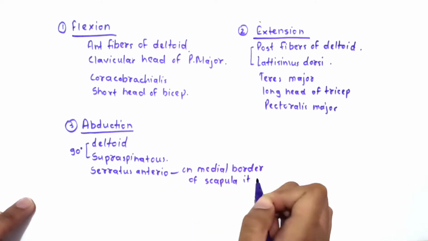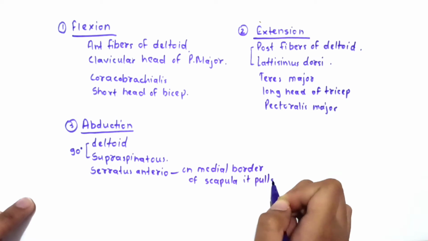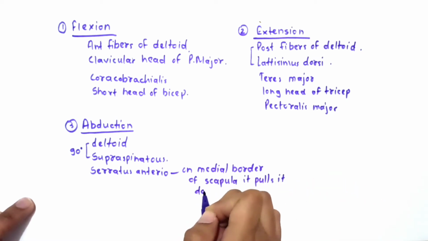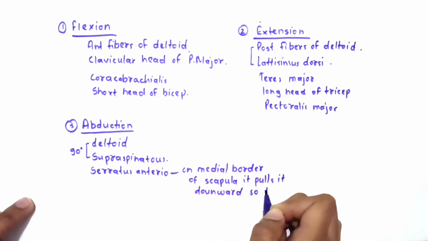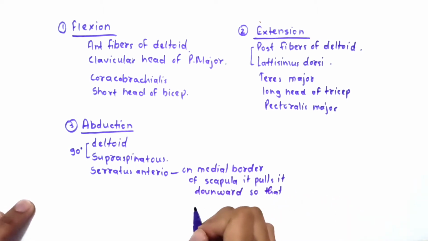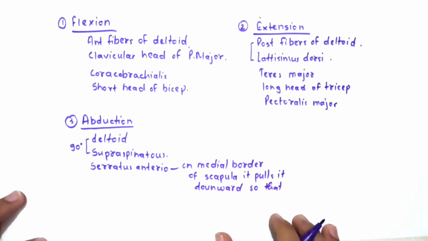It pulls it downward so that the glenoid cavity faces upward, to prevent dislocation.